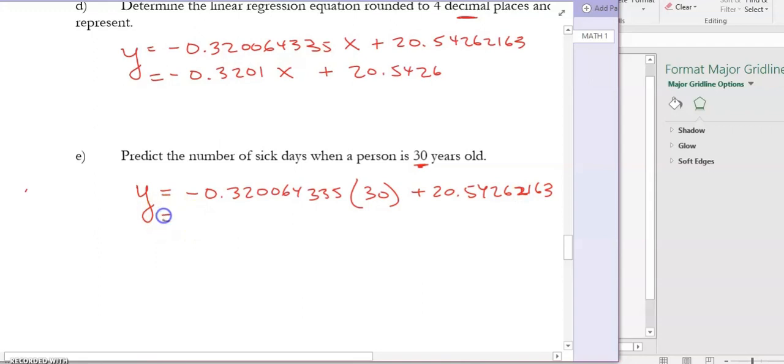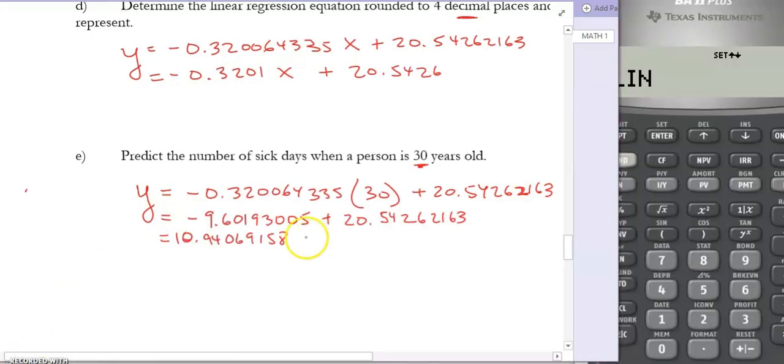And when we substitute the values in and do the math, we get the following. And depending on how I ask you to round, suppose I said 1 decimal place, that's going to be 10.9 approximately. Okay, and that's the number of sick days.